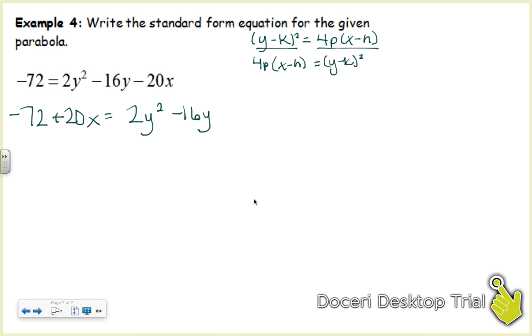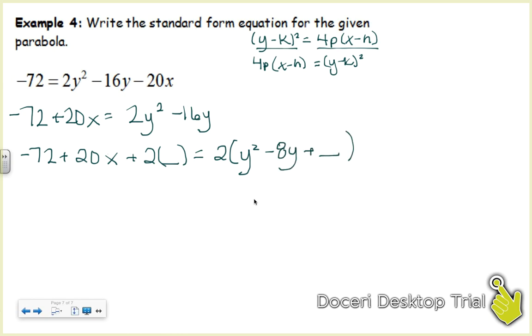And then just like with circles and ellipses, you can't have that 2 in front of the coefficient of the y squared. So I'm going to factor it out. And I'm going to multiply that and add it to both sides of the equal sign. Half of negative 8 is negative 4.